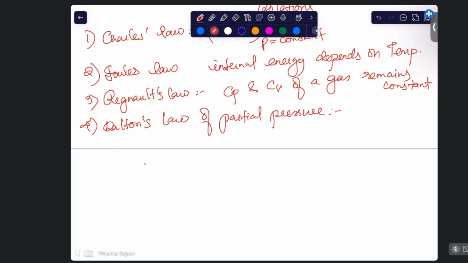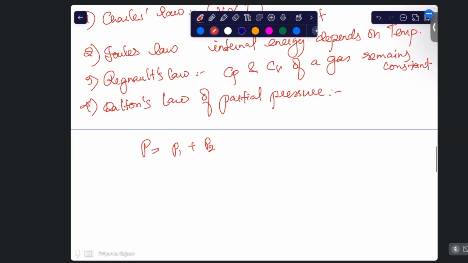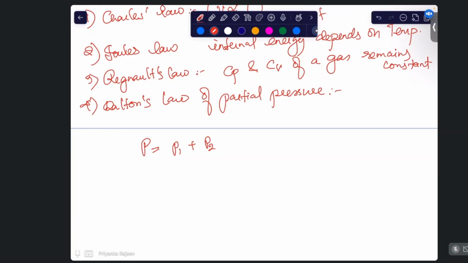So if P is the total pressure, then P1, P2 are the partial pressures of individual gases. So you can just sum it up up to Pn.